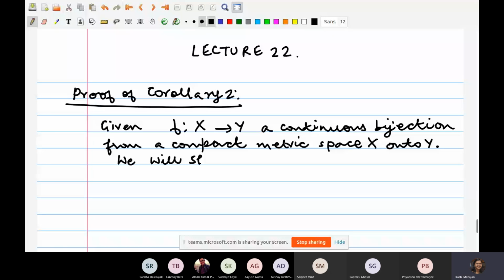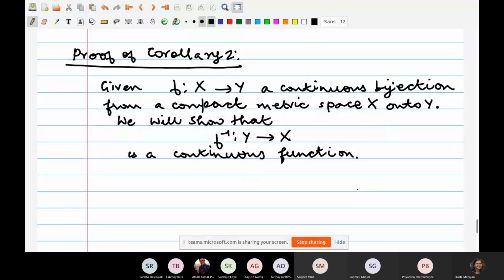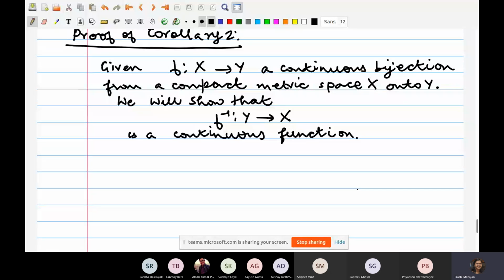We will show that f inverse from Y onto X is a continuous function. Is that okay?